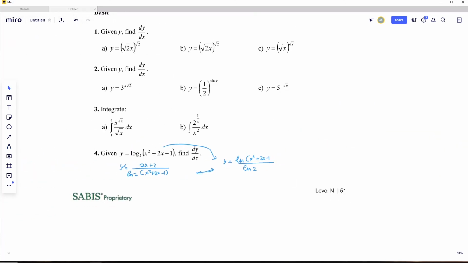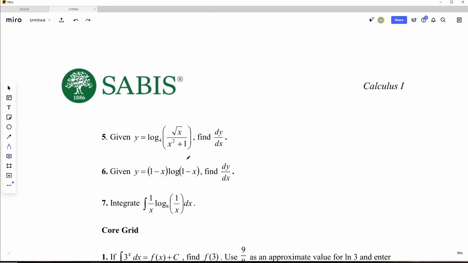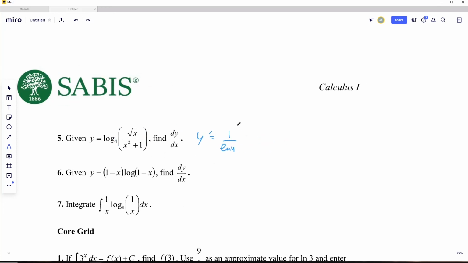Yeah, okay, so we're doing 5. It's like 4, so y prime equals, divide by the ln, so 1 over ln 4. If you can't see that, again, log is nothing but when you do change of basis, ln of this over ln of 4. This is why you have ln of 4 down, and it's a constant, so when you do the derivative it remains there, so that's why it's 1 over.